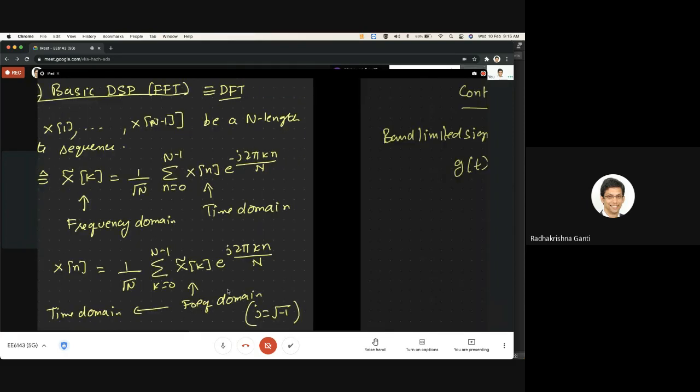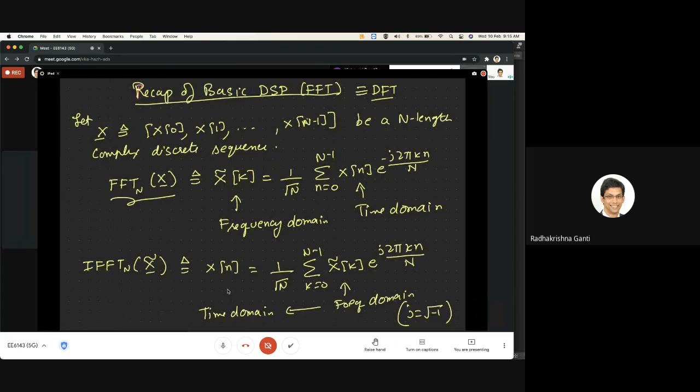There was one question, a very good question. Mr. Srivastava is asking whether the denominator is 1 by square root n or n. There is a reason why I defined 1 by square root n. The energy in signal x of n and the energy in the Fourier domain will be the same.